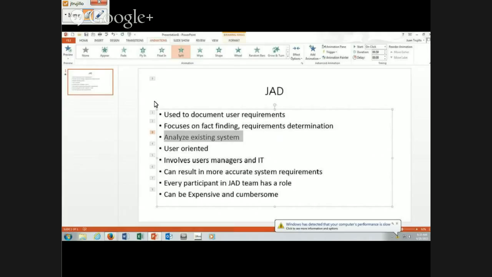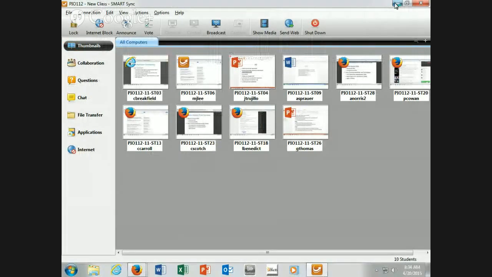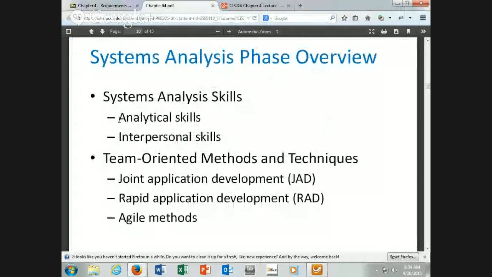So yeah, user oriented. We're going to find that most of these are going to be user oriented, which can result in accurate system requirements. With all the people we have involved, it's certainly better, right? If not, then we need to look back at who's leading this thing. Agreed? And then we're back to that skill set of analytical and interpersonal skills.